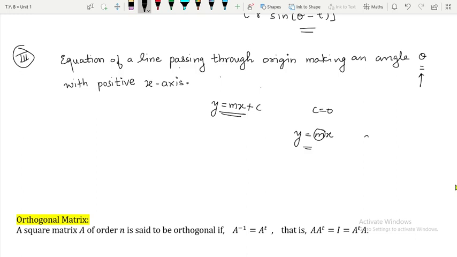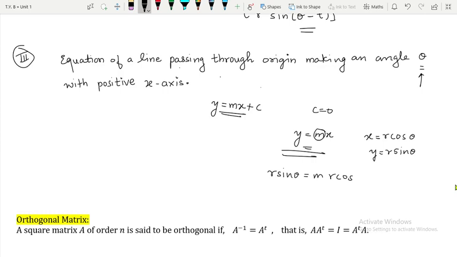How? Because we already know that the polar form is nothing but what? x is equal to r cos theta, y is equal to r sin theta. So if you put the values of x and y in this equation, what are we going to get? r sin theta is equal to m r cos theta, and r and r will get cancelled. So what is m? Sin theta upon cos theta, and that is nothing but tan theta.